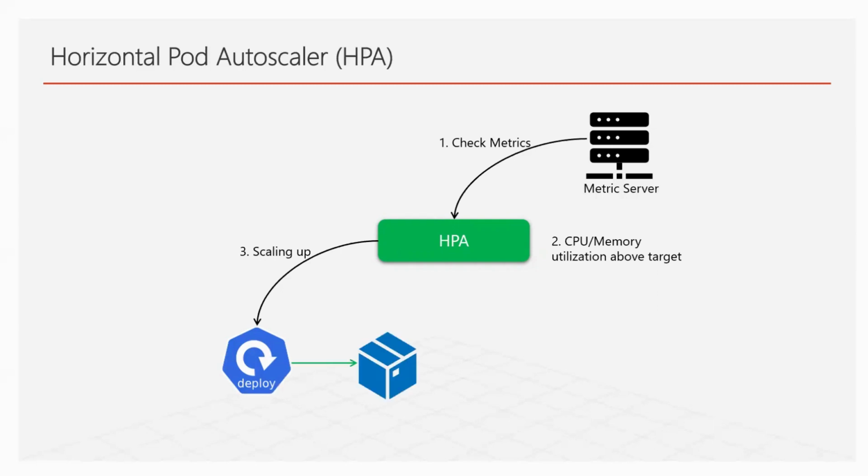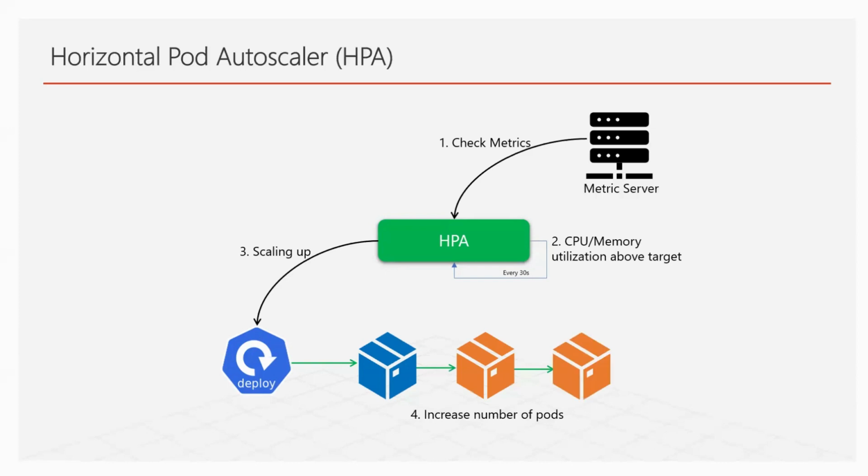Say you are running a single pod and there is high utilization, it triggers another pod to be launched. It loops every 30 seconds, and if there is a spike and more pods are required, it triggers another pod. These are the steps the Horizontal Pod Autoscaler runs, and this is how it works.